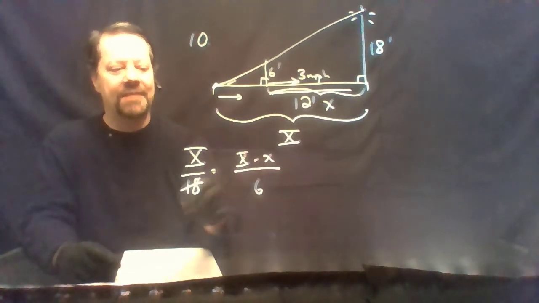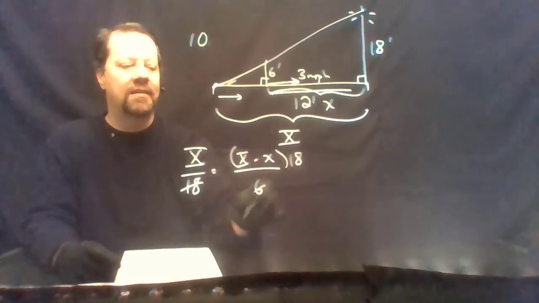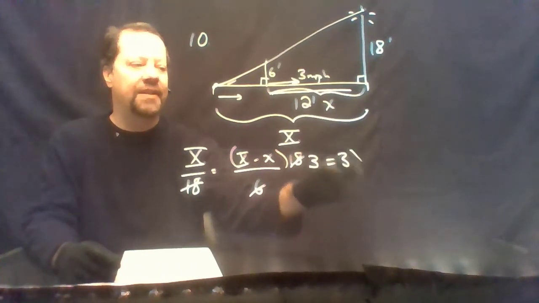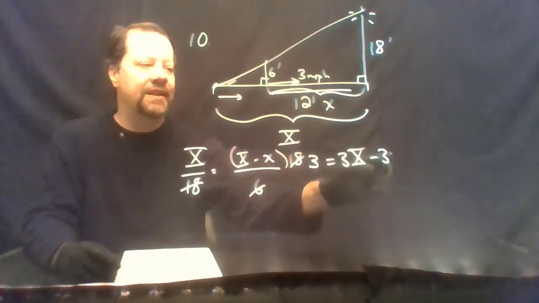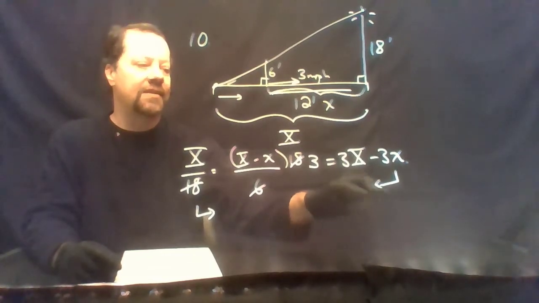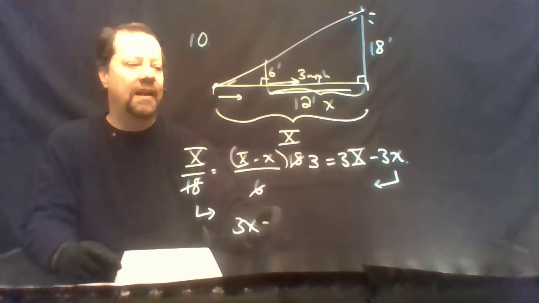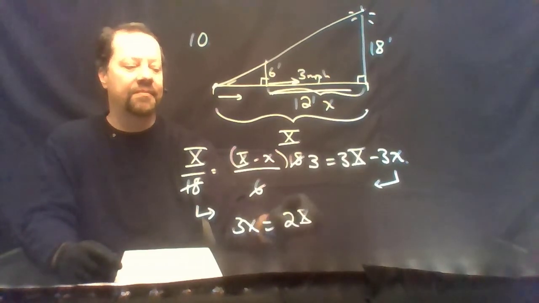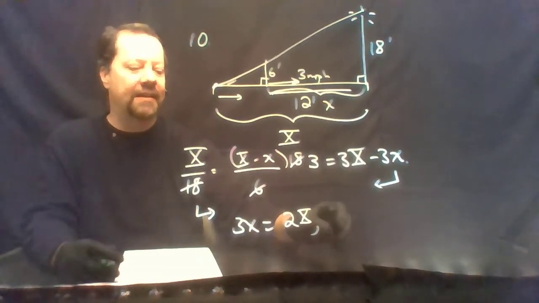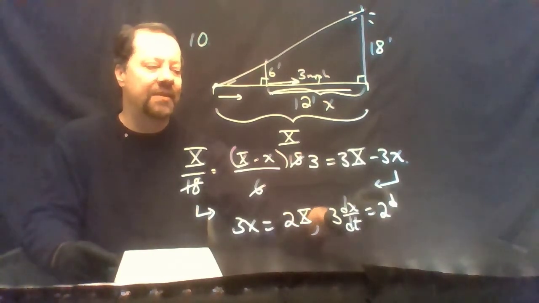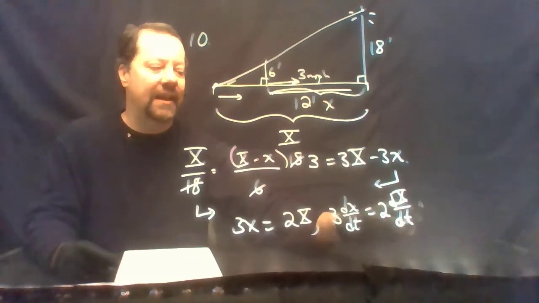If we multiply both sides by 18, 6 goes into 18 3 times. We'll distribute to get 3 times big X minus 3 times little x. We'll move the big X's together and the little x's by themselves. 3 times little x equals, when we subtract, we get 3 big X minus a big X, that gives us 2 big X. Which means then that 3 times dx dt equals 2 times d big X dt.